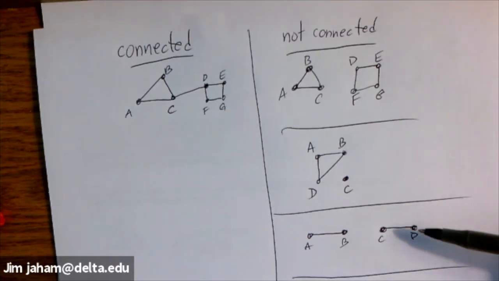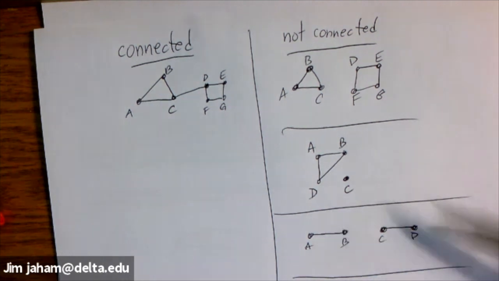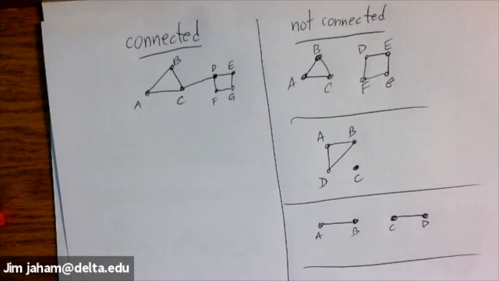This is an unconnected graph. There's no way to get from B to C. There's no way to get from B to D, or C to A, or D to A. Unconnected graphs. Get the idea?